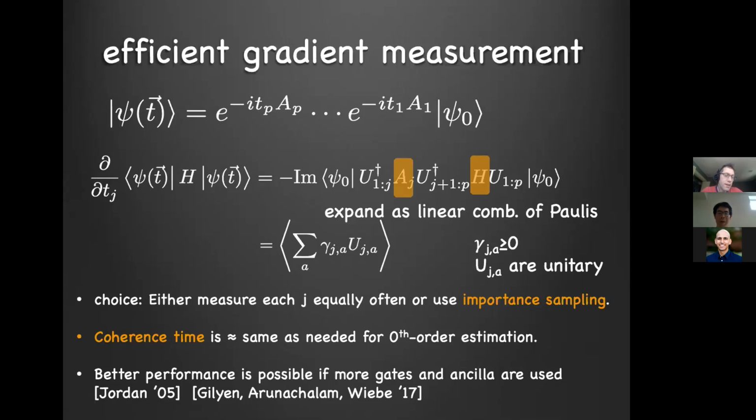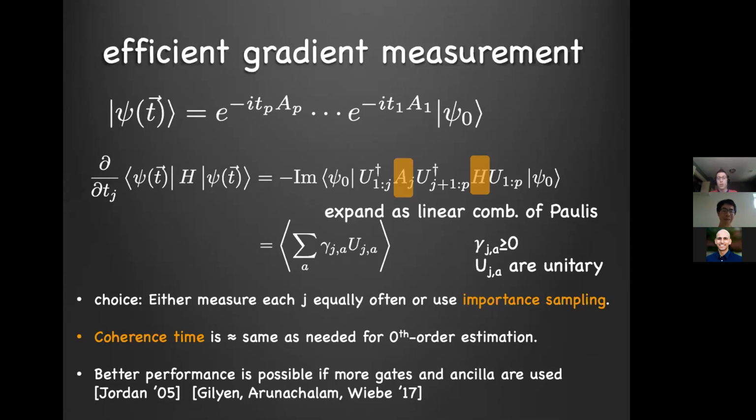right now, if you're not using a NIST quantum computer, if you're willing to spend more time on your quantum computer and do more things in superposition, these are these papers I have down here, Stephen Jordan and by Gillian, Arunachallam, and Wiebe.